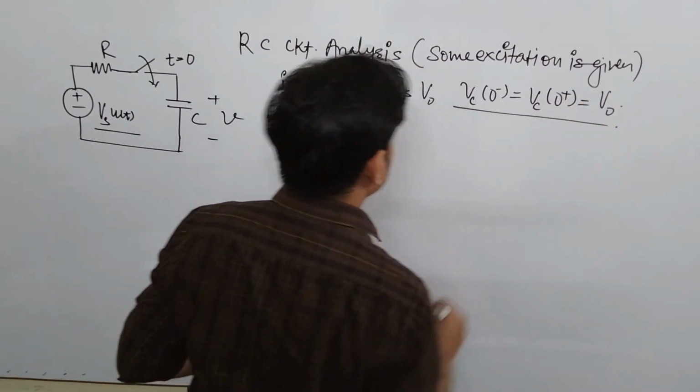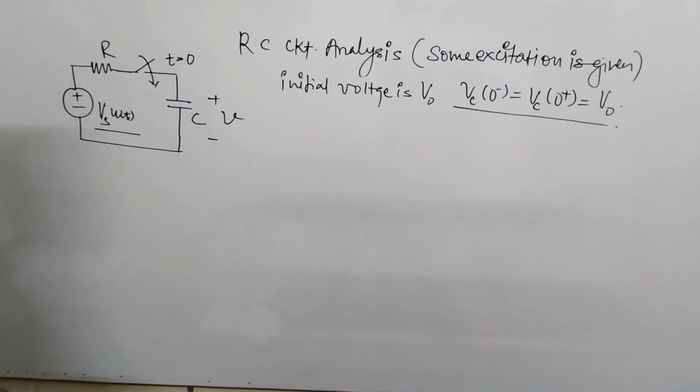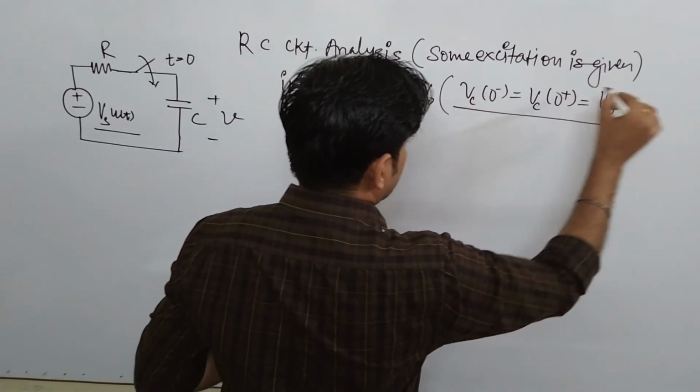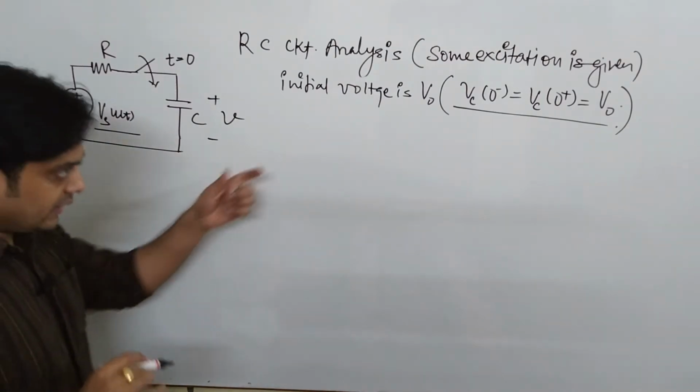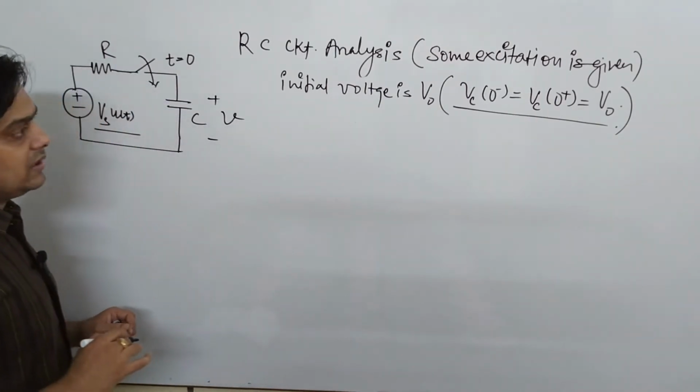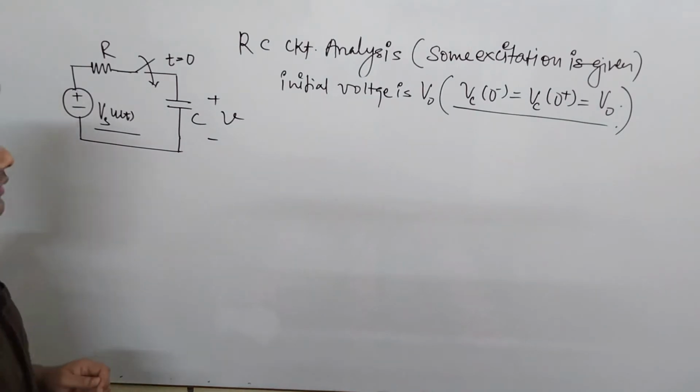Very important, this is your initial condition. I am explaining this just to understand it; as of now it doesn't have any use in solving the problem, but we will see it in our problem solving sessions.